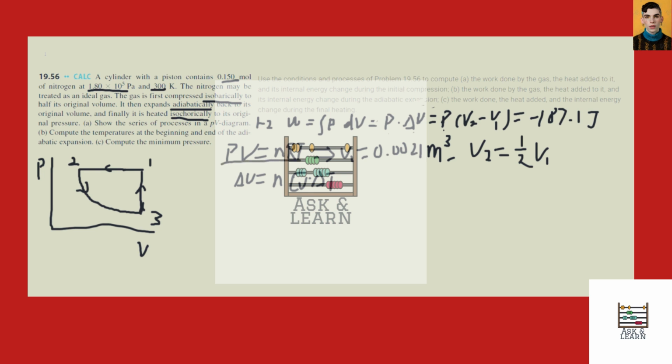if you look at this equation again, in the first process from 1 to 2, P is constant, and V just becomes half. N is constant, R is constant, so T also becomes half of the original value.